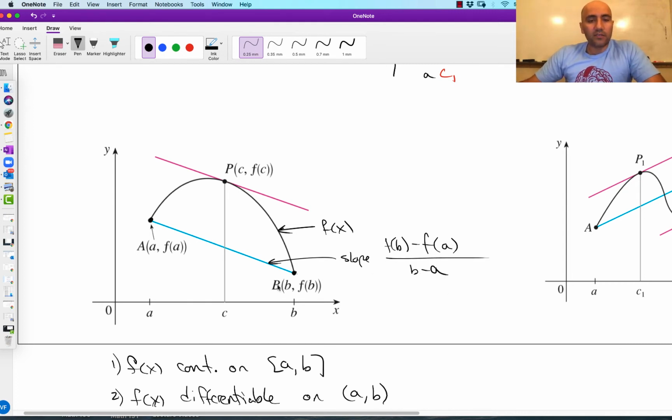That's what that slope is. And so the mean value theorem guarantees that there's going to be at least one point c, right, such that the slope of that tangent line at that point will be equal to this one. So the slope of this tangent line is f prime of c. And as we can see by the picture, they're both parallel to each other. They must have the same slope.